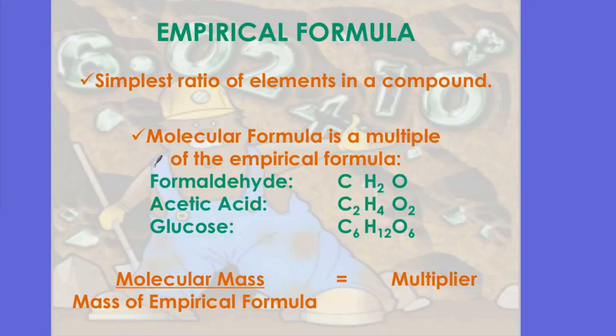Exactly. Do you know what formaldehyde is? Biology, life science, middle school. Did you dissect anything? That stinky stuff that they preserve things in? This is formaldehyde. Here's its formula. Do you know what acetic acid is? It's in your cupboard at home.